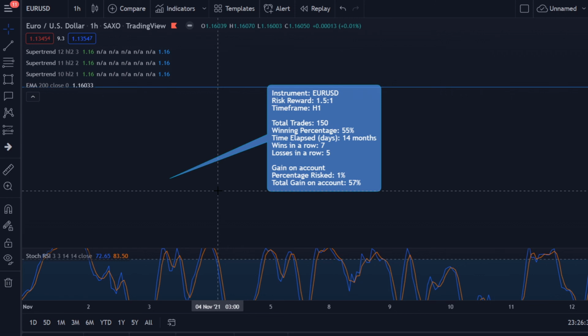And if you see this pair is really trending, then you can use it for these kind of opportunities, and you can use this trading strategy in order to improve your win percentage. And then instead of making 57% in 14 months, you will be making 70 or maybe 80% in 14 months.